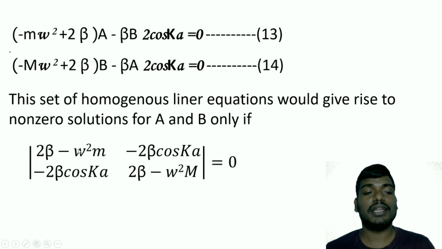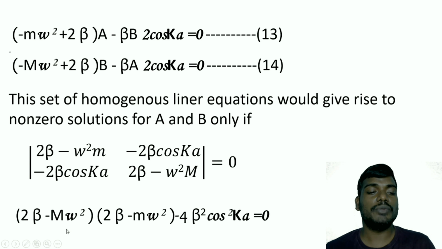We put the coefficients in a matrix: the first row is (2β - mω²) and 2β cos ka, and the second row is 2β cos ka and (2β - Mω²). This determinant equals 0.